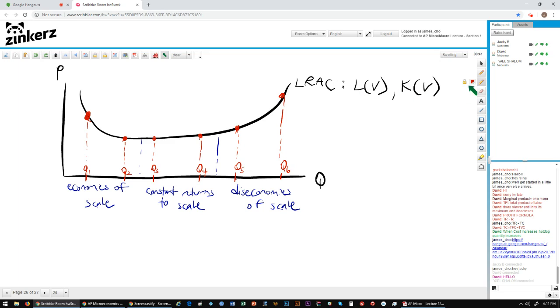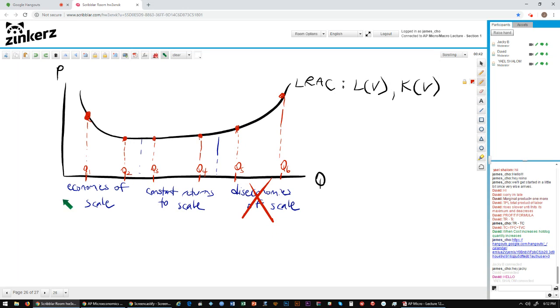Now, a lot of economists feel like there is no diseconomies of scale. Think about companies like McDonald's or Starbucks or Google or Apple. They're huge, and even for those companies, we don't really see diseconomies of scale. As they keep on getting bigger and bigger, the management just keeps on getting better and better as well. So some economists believe that we don't really see diseconomies of scale all too much.